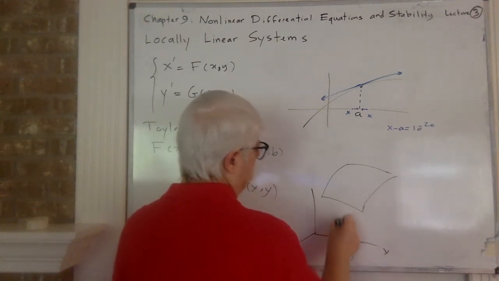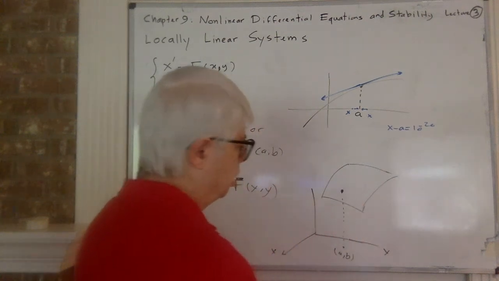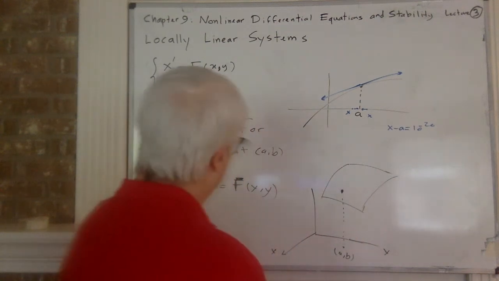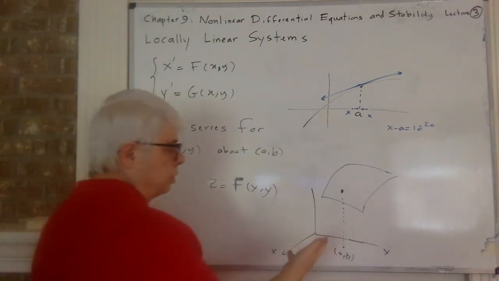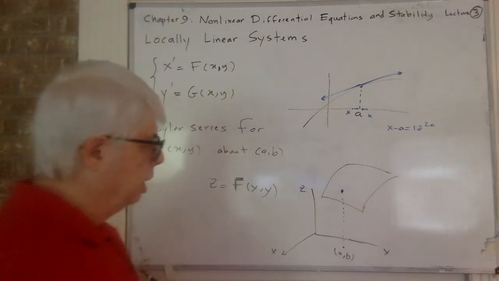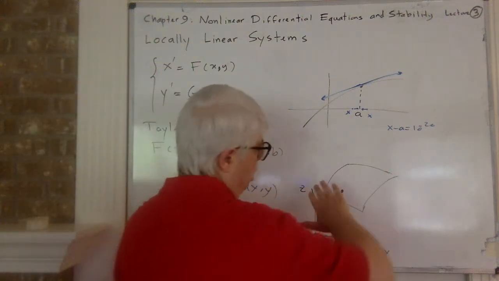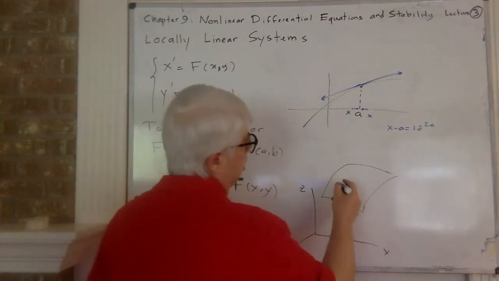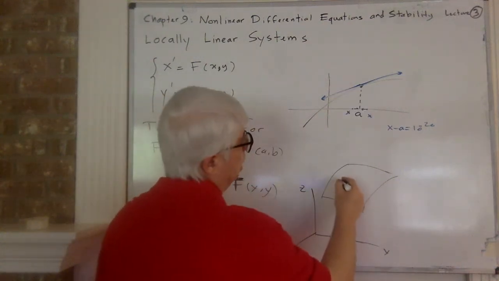Then (a, b) up here gives me a z. So f(x, y), when you graph it in R3, you will get a surface, and at this point, like this tangent line, you have a tangent plane.